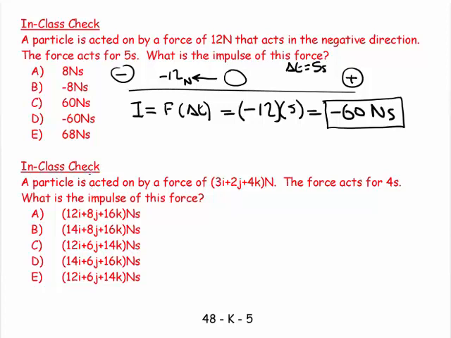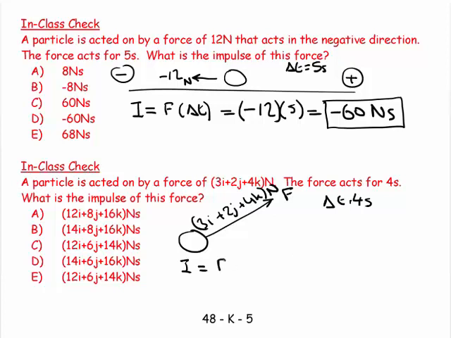And then let's have a look at this next one, which is in IJK. So here's my particle, and here's my force. 3I plus 2J plus 4K newtons. There's my force. And it acts for 4 seconds, delta T. So I can say, oh, I is equal to F times delta T, which equals 3I plus 2J plus 4K times 4.